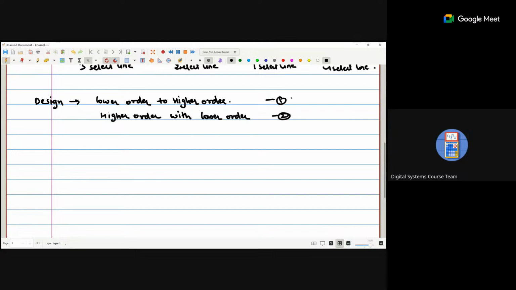And third is to implement any Boolean function using mux.